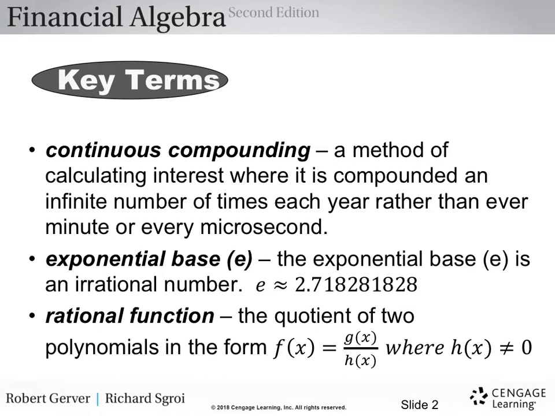The exponential base, e, is an irrational number, and it is approximately equal to 2.718281828. And it's much like pi in that there's an infinite number of places you can calculate it to. And then a rational function is the quotient of two polynomials in the form of f of x is equal to g of x over h of x, where h of x does not equal 0.